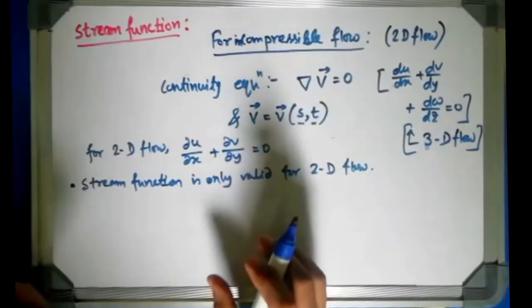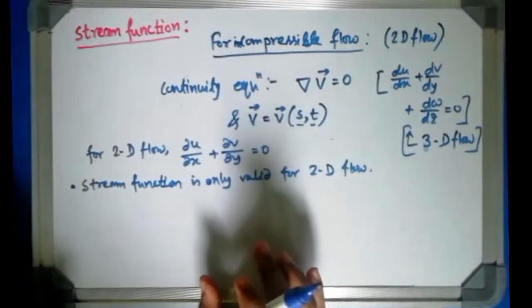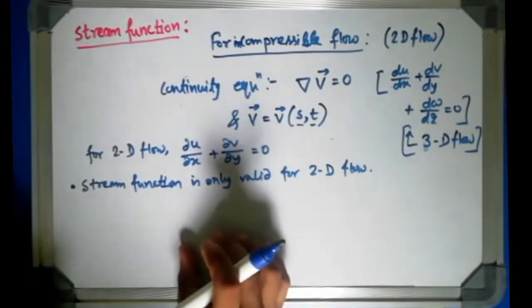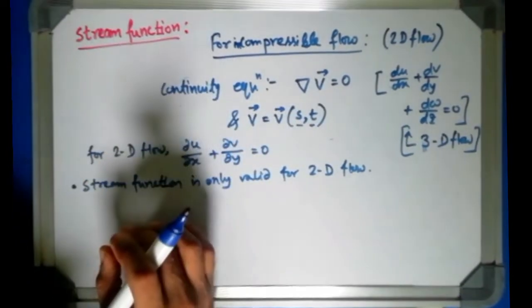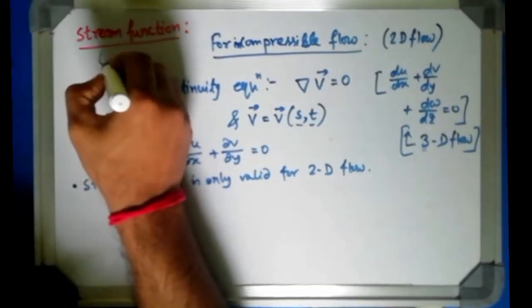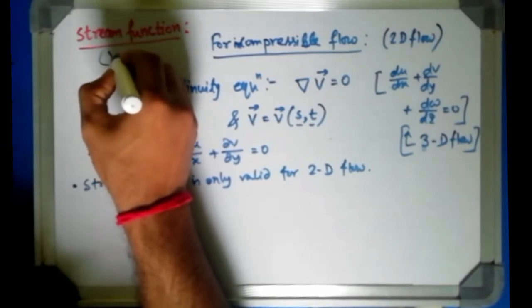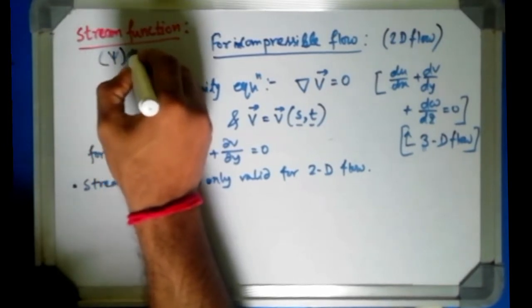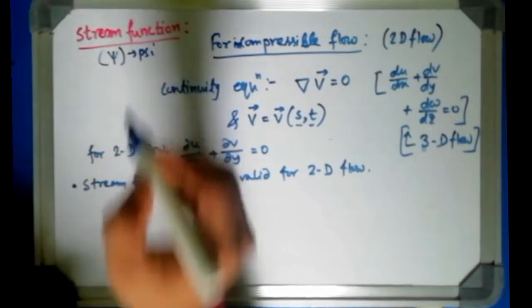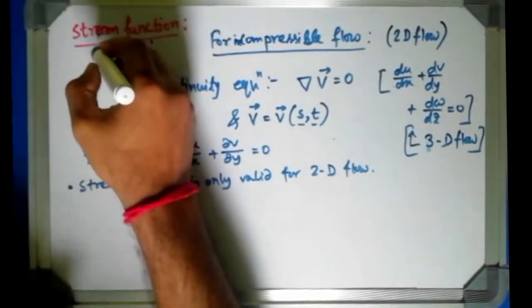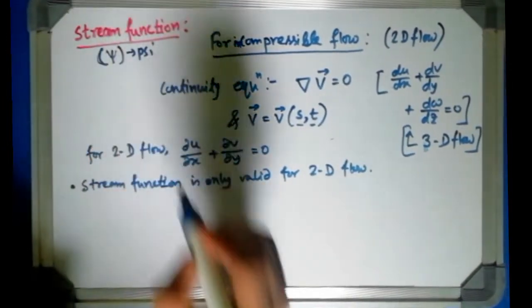Now why am I bringing this particular concept over here? I am bringing a function which is known as the stream function, expressed by the symbol psi. Why are we using this function here?